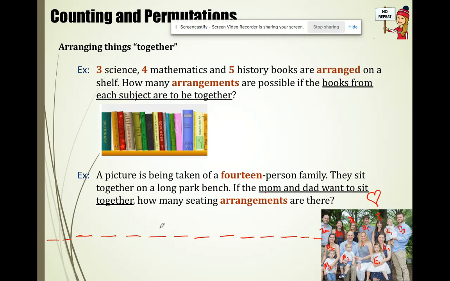So that's an awful lot, right? But I want to group the mom and dad together. So I don't really have 14 factorial choices, right? Because I want to group these two together.